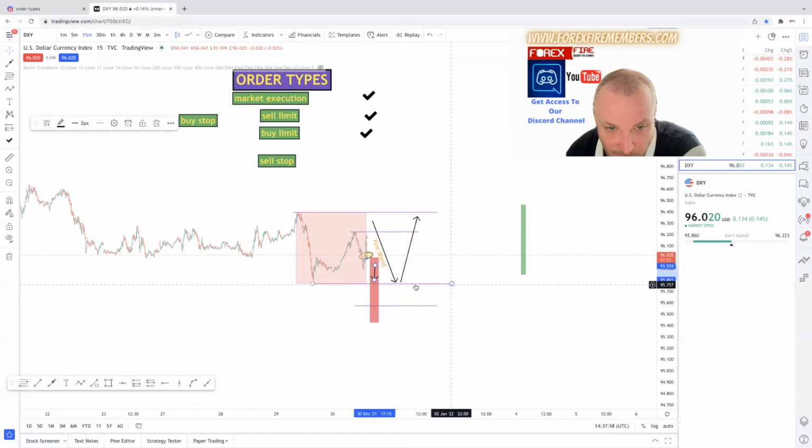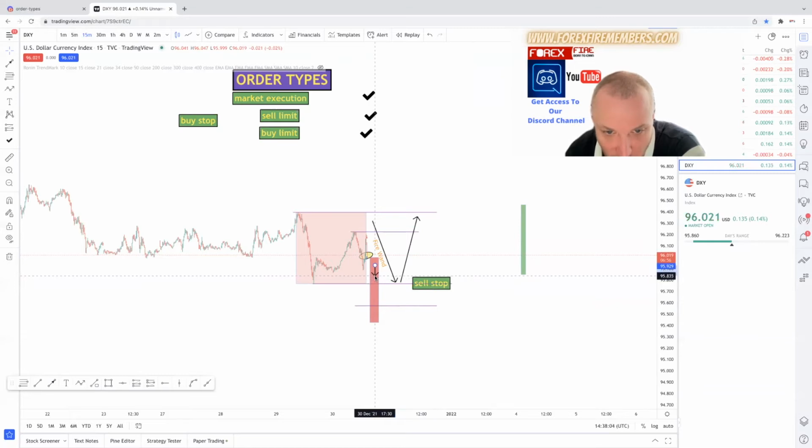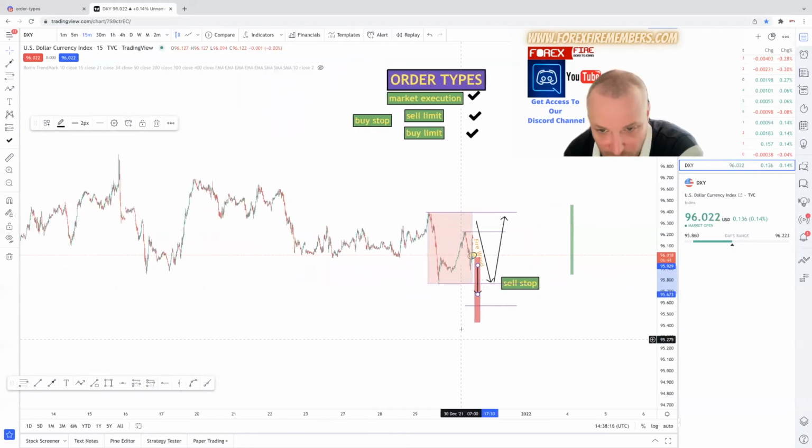This line here is our area where we would have our sell stop. The sell stop will only become active once price crashes through this area. When it crashes through this area, the trade becomes active, and we will be targeting further lows on the downside.